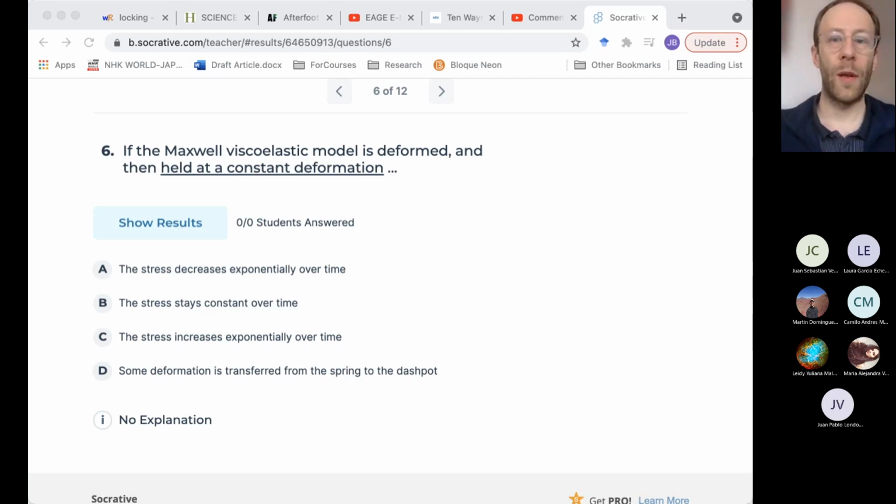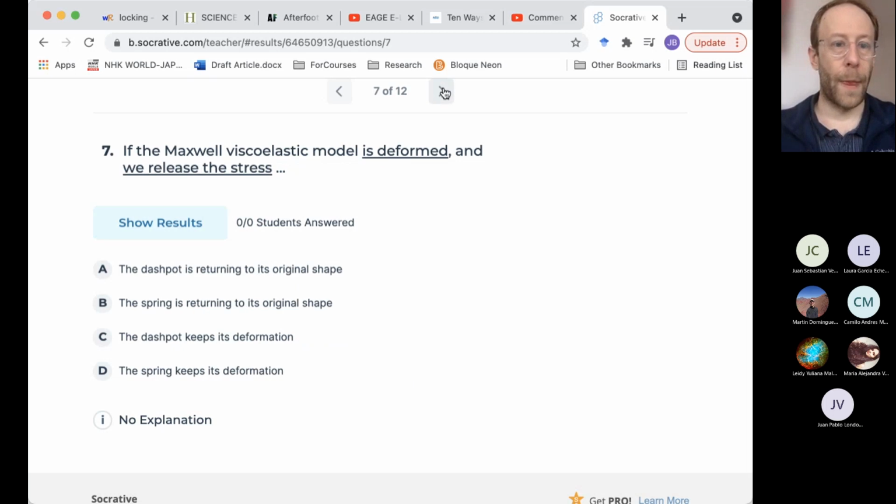It works relatively well for the simple models like the Maxwell and the Kelvin. When you have like seven things together, it becomes a bit more complicated. All right.